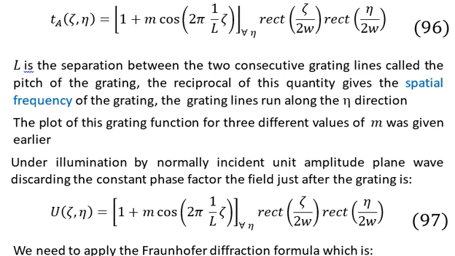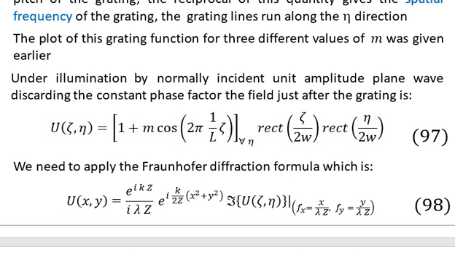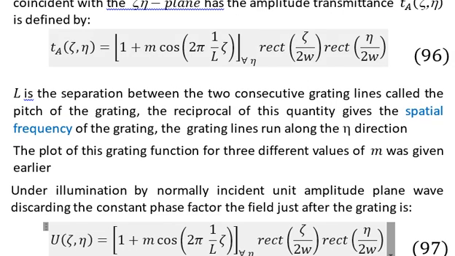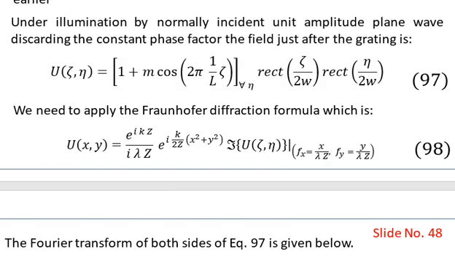The plot of this grating function for three different values of m has been given earlier. Under illumination by a normally incident unit amplitude plane wave, discarding the constant phase factor, the field just after the grating is as given in equation number 97. So now we have replaced TA as a function of zeta and eta in equation number 96 by the field u of zeta comma eta.